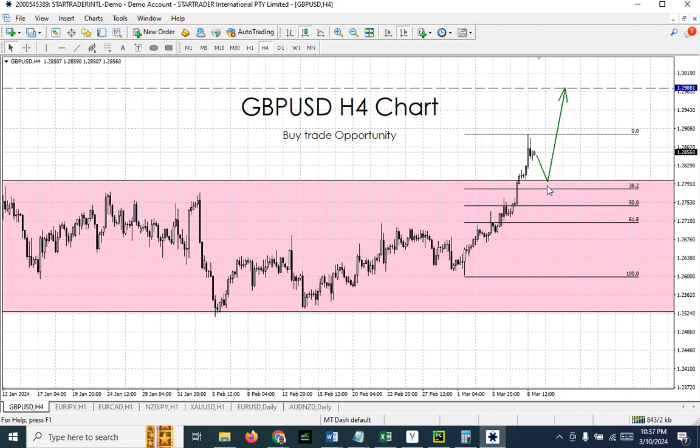Which other pattern? I look for bullish engulfing, or I look for piercing line. These are bullish reversal candlestick patterns, so I look out for them here. So this is a ranging structure, and this is where the market is expected to pull back to structure.